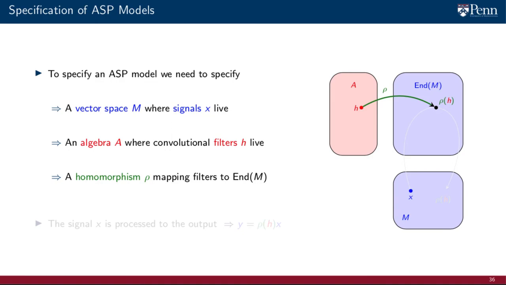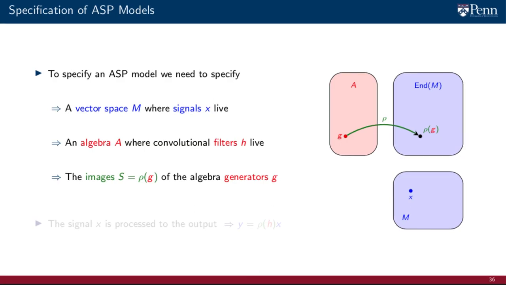The third element we prescribe is a homomorphism rho that maps filters to linear transformations we can apply to signals X. The homomorphism translates the abstract filter H to a concrete filter rho of H we can apply to signals.